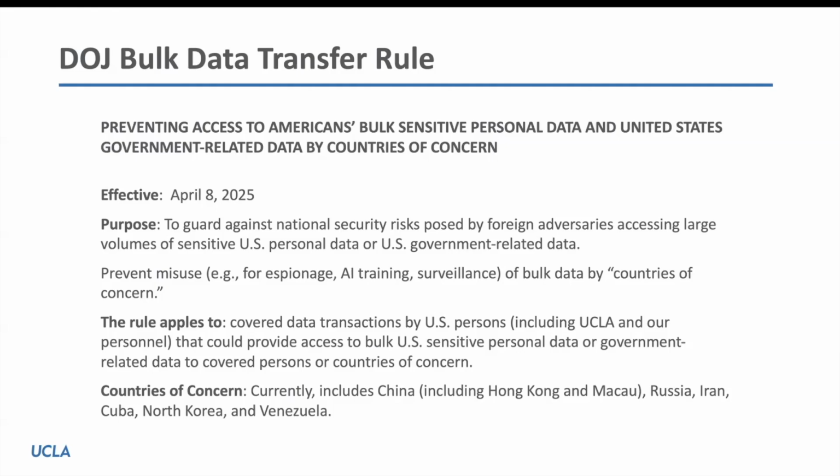Again, it just applies to US persons that could provide access to bulk US sensitive personal data or government-related data to covered persons or countries of concern. And again, those countries are China, Russia, Iran, Cuba, North Korea, and Venezuela under this Department of Justice bulk data transfer rule. And next slide, please, Ernesto.